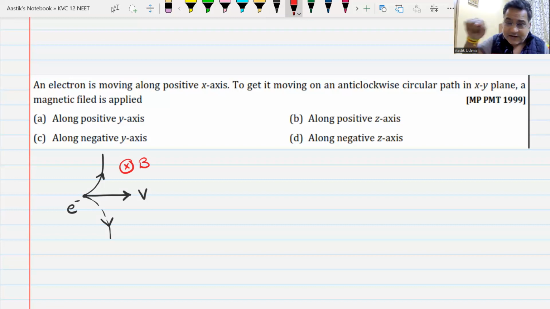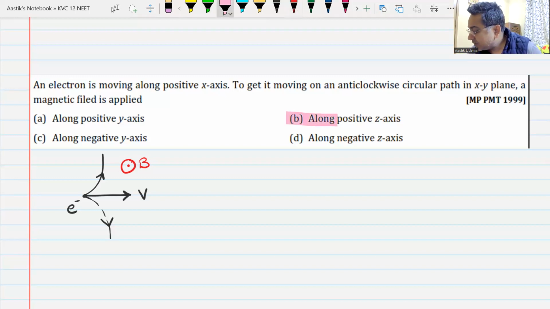So if I put the magnetic field inside, it will go downwards. So the magnetic field cannot be inside. That is the wrong option. The only other option that is correct would be if you put the magnetic field outside: V, and the magnetic field coming out, a positive charge will move downwards. That means a negative charge will move upwards. So the only correct option is that the magnetic field must be along the positive Z axis.